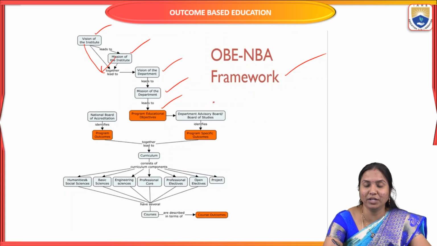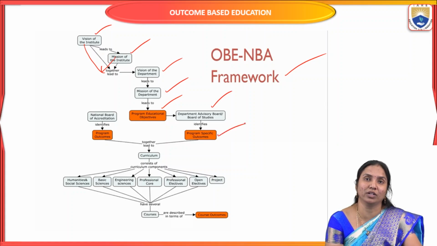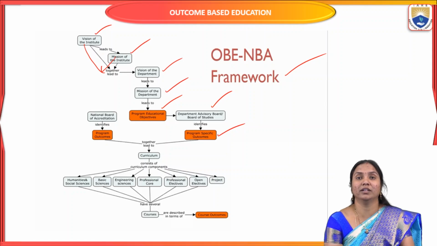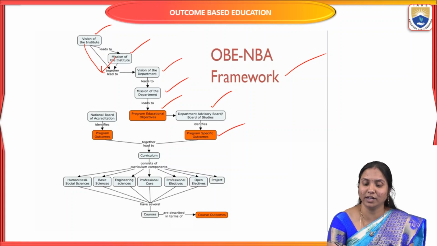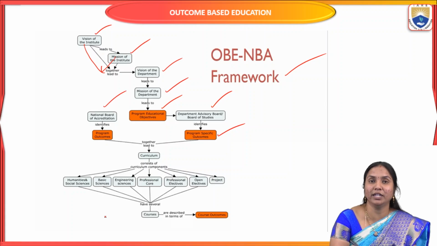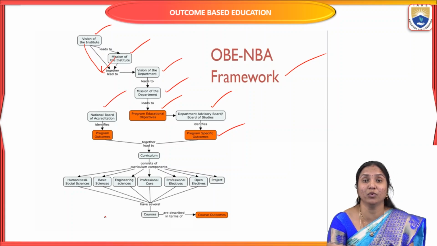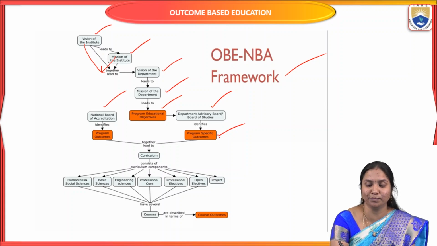Next, the department advisory board and board of studies decide or identify program specific outcomes. Next, NBA already identifies program outcomes, the POs. Already 12 POs are prepared by NBA. So these program outcomes and program specific outcomes.